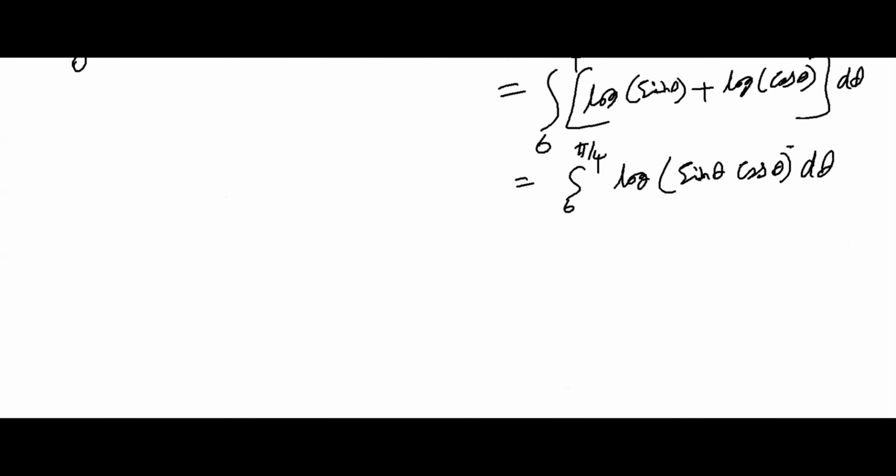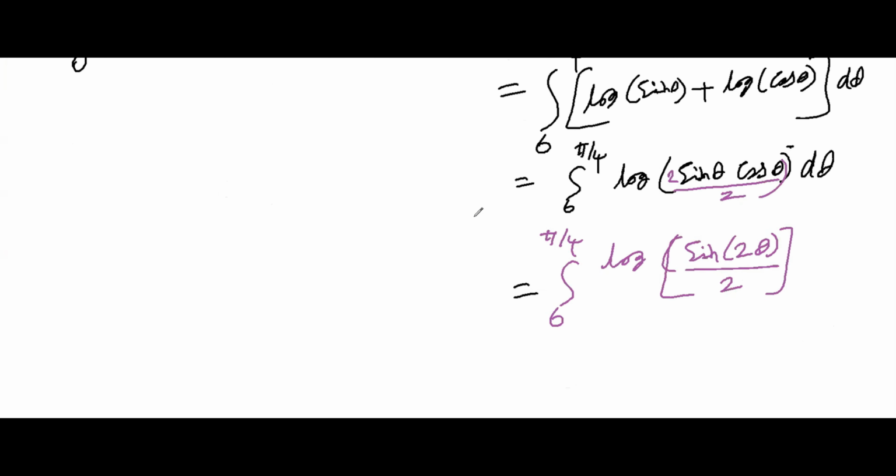Now I have two functions, so I will make it one function by multiplying by 2 and dividing by 2. With this I will get 0 to pi by 4 log of sine of 2 theta upon 2.